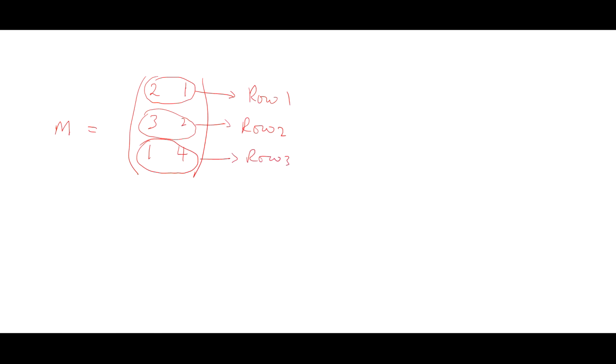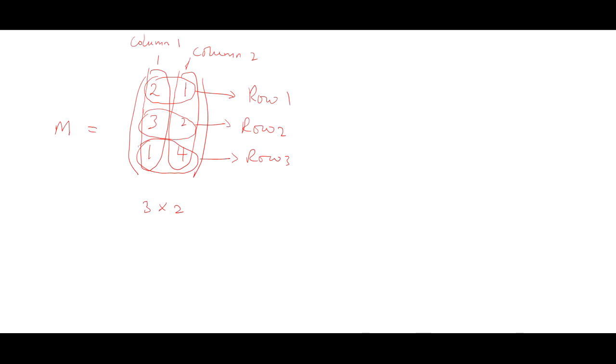In terms of columns, columns are the vertical, how they line up vertically. So this here is column 1, and this here is column 2, right? So this matrix will be a 3 by 2 matrix.